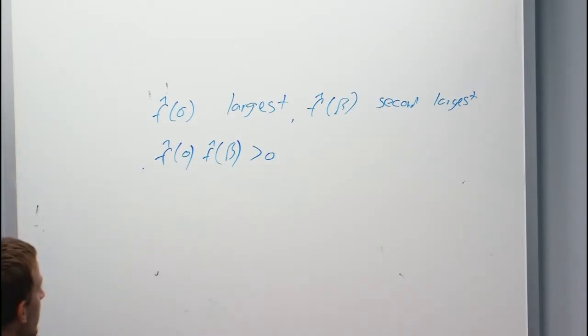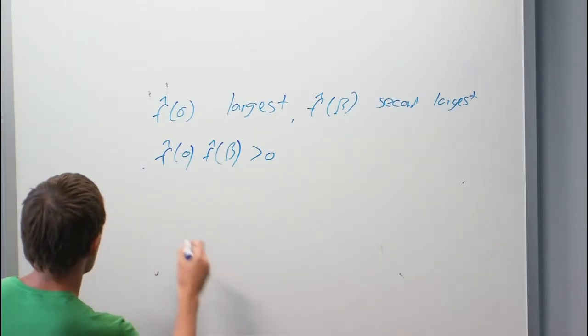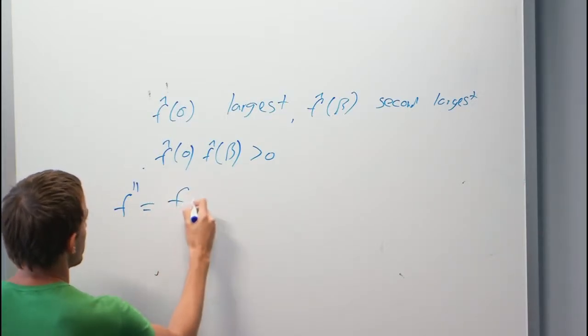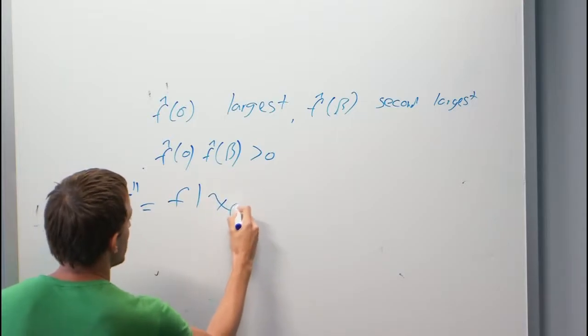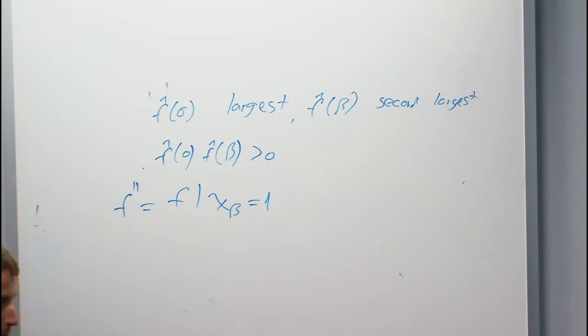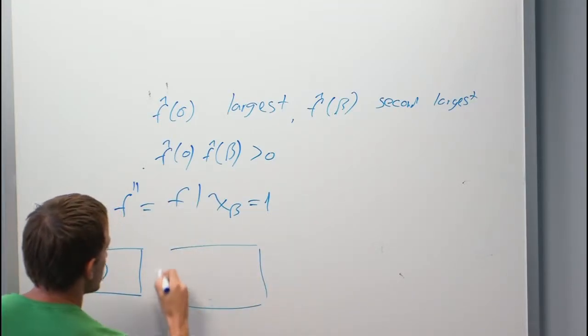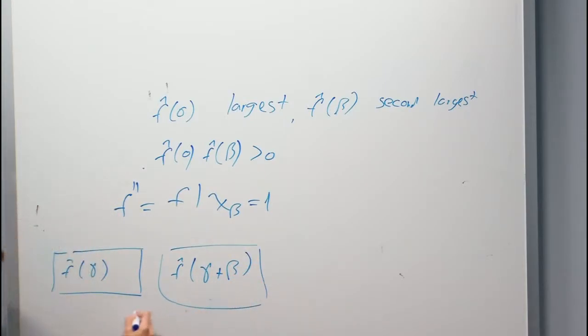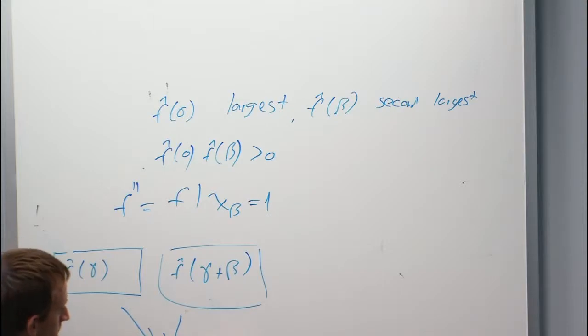So now we're considering f double prime, which is f restricted to chi beta equals 1. So again, we have this collapse: we have f hat of gamma and f hat of gamma plus beta, and those two basically collapse to the same one, this time with a plus.